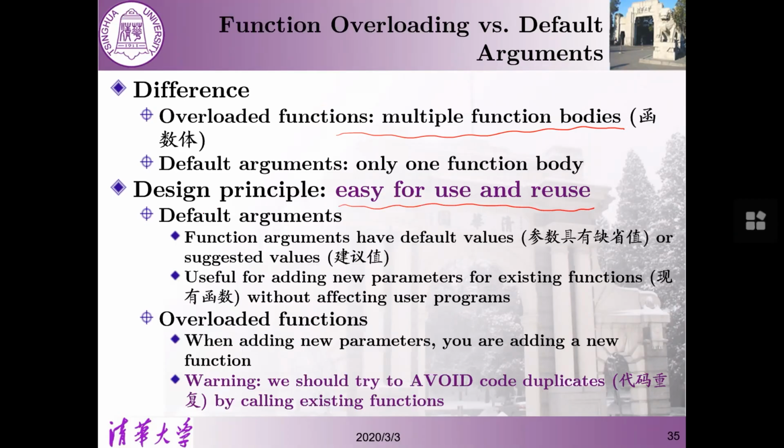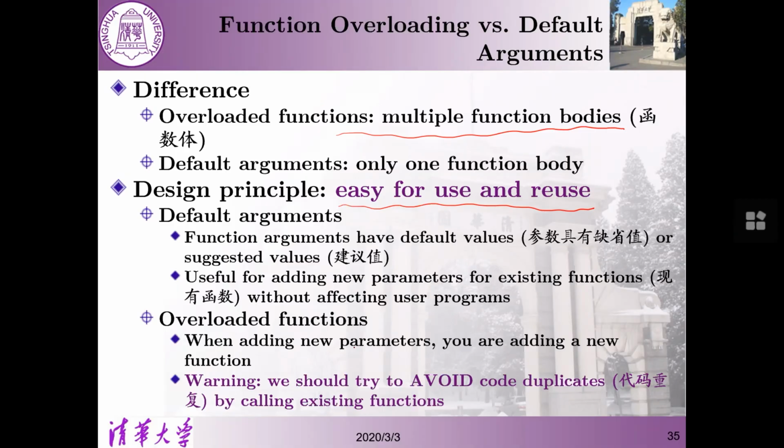For default arguments, the function arguments have default values. Whenever we have some suggested values, then we can use default arguments. It's also useful if we want to add new parameters to existing functions without affecting the user programs.